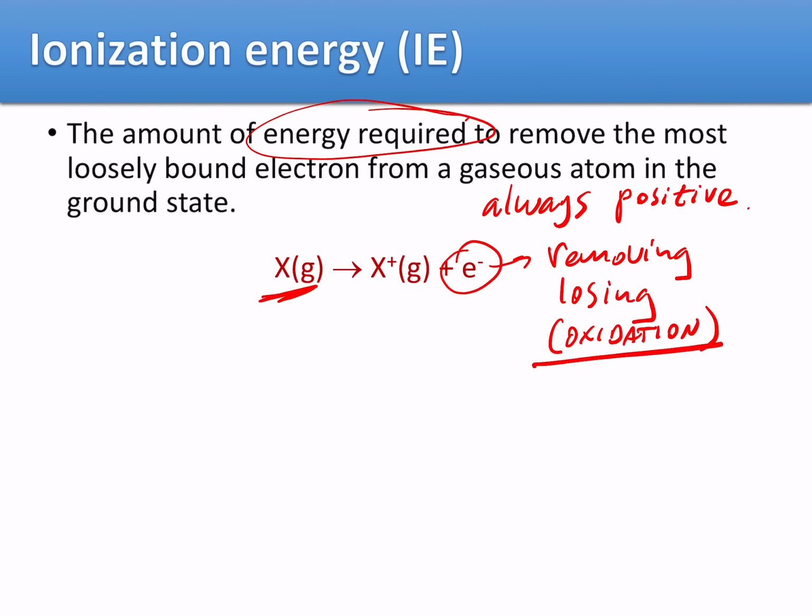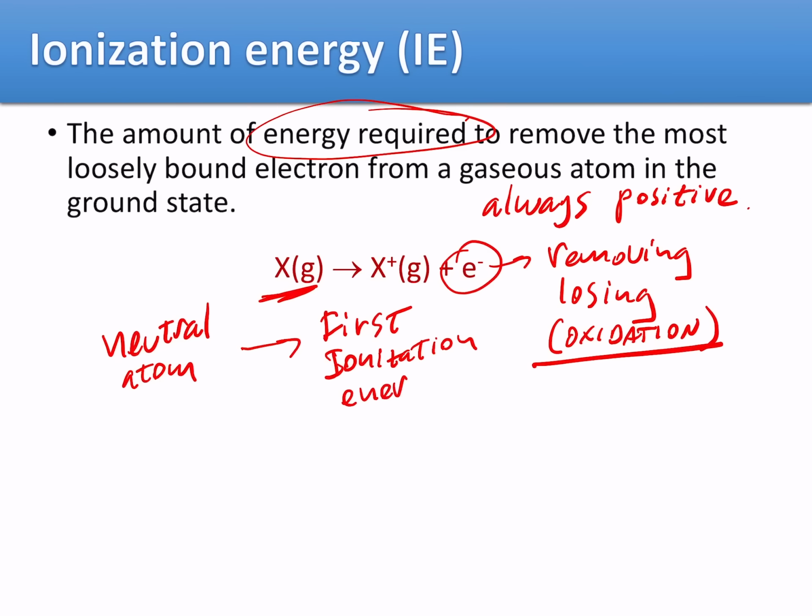Now, if you have the neutral atom in the gas phase and you're removing just one electron, then that is the first ionization energy, and we represent it as IE1. You're removing the first electron out of that atom.